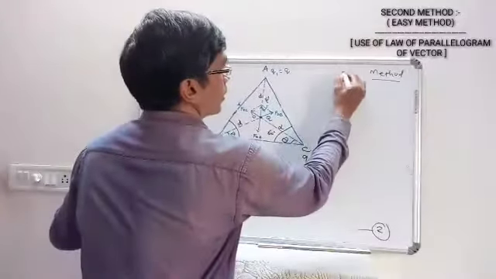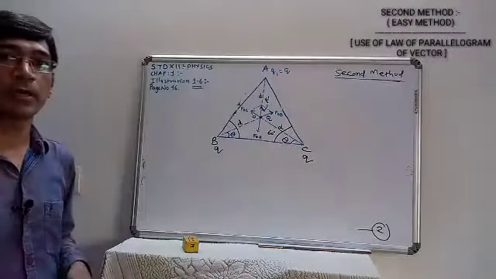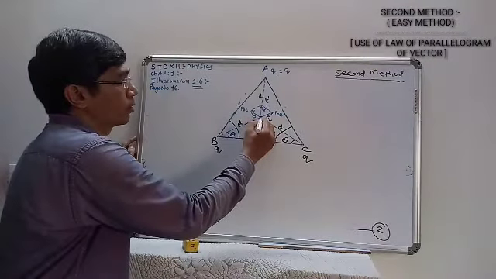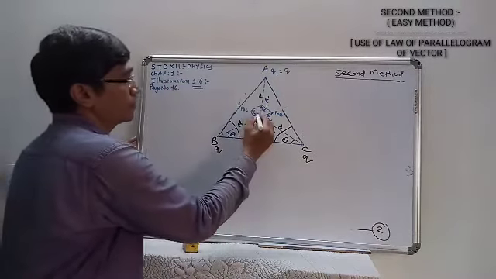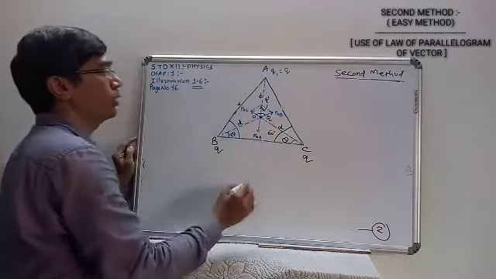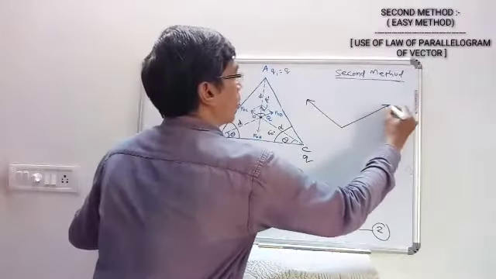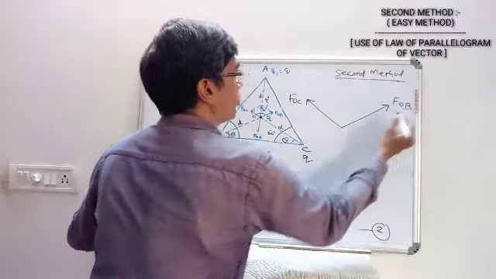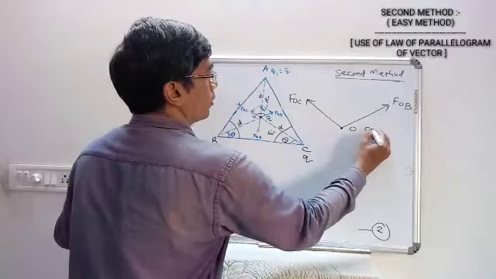Now we are taking the second method. In this second method, the angle formed at the centroid is equal to 120 degree. Here we can take, this is FOC, here is the FOB, this is the O point, centroid.